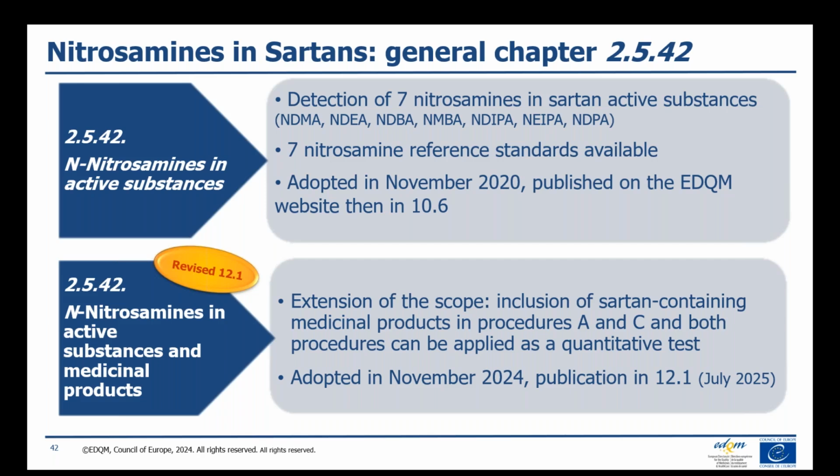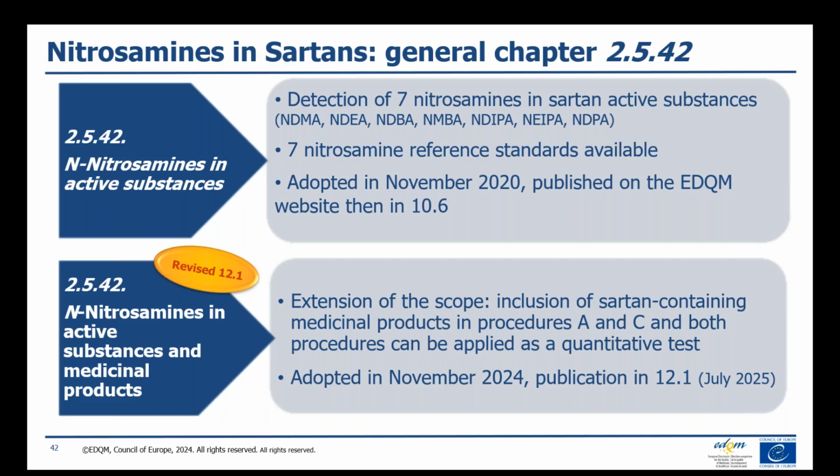At the beginning, this text covered only the control of nitrosamines in active substances. Now we have extended the scope of this chapter, so we also changed the title of this text. Now there are procedures to control nitrosamines in the active substances, but also in the medicinal products.